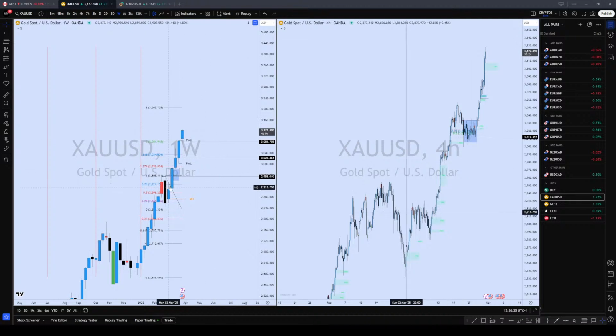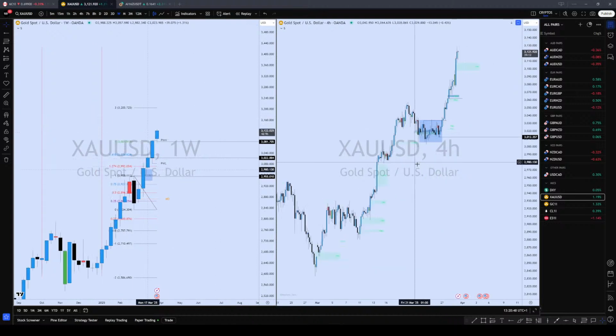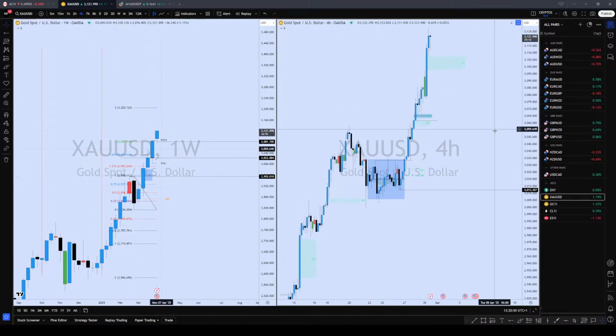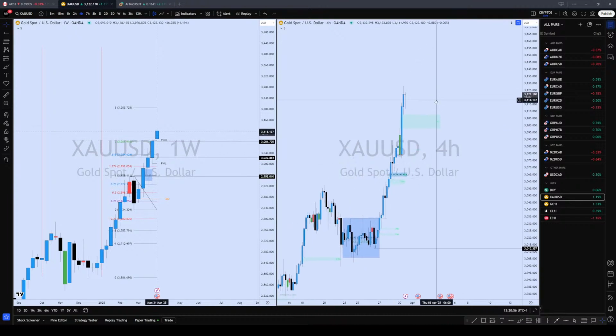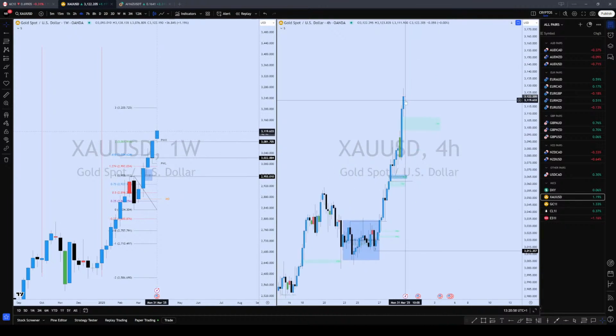So we've had 1, 2, 3, 4 up candles on the weekly time frame. So we might be due a down candle very soon. Now from the daily perspective, this 1, 2, so we might have one more down candle, and then that can cause a potential retracement.